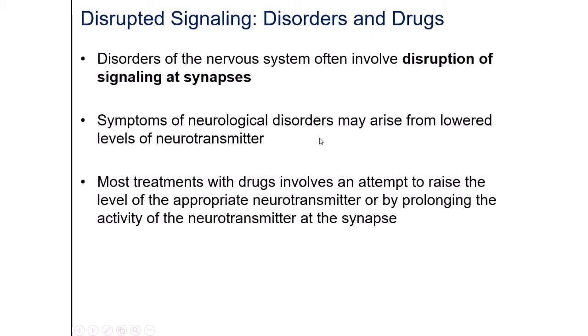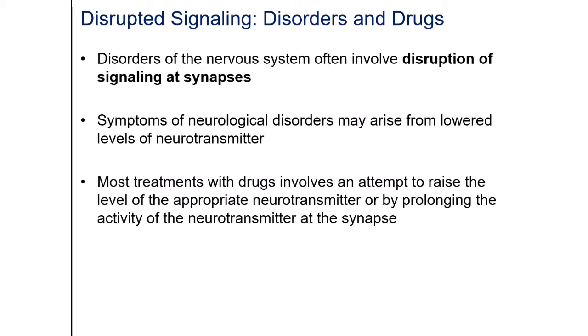Let's end the lecture with some neurological disorders. A lot of times the disorders of nervous system involve some kind of disruption of signaling at the synapse, and if you disrupt the communication at the synapses, it will create different problems depending on what the disruption is, and a lot of the symptoms of many neurological disorders actually arise from lowered level of neurotransmitters.